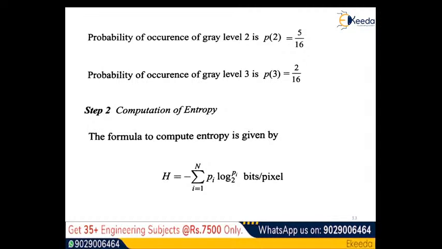So let us substitute the probabilities of occurrence, in general p suffix i, that we have already computed in the previous step. The substitution gives us capital H with the minus sign outside, and then the summation of p suffix i into log to the base 2 of p suffix i. The first probability, 5 by 16, is multiplied by its logarithmic form to the base 2.